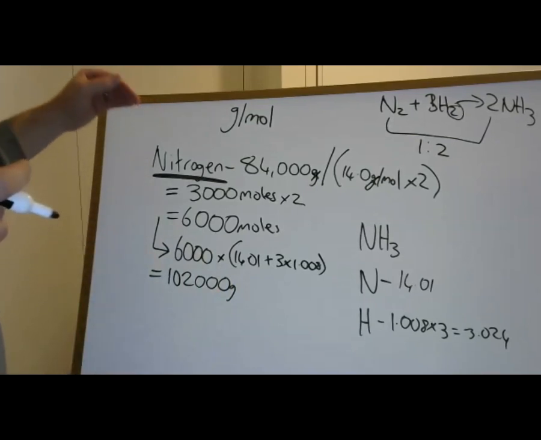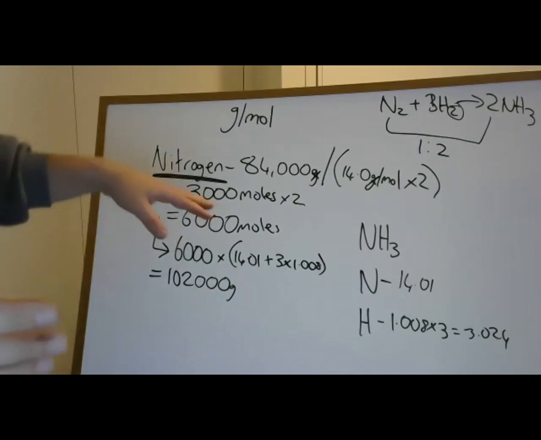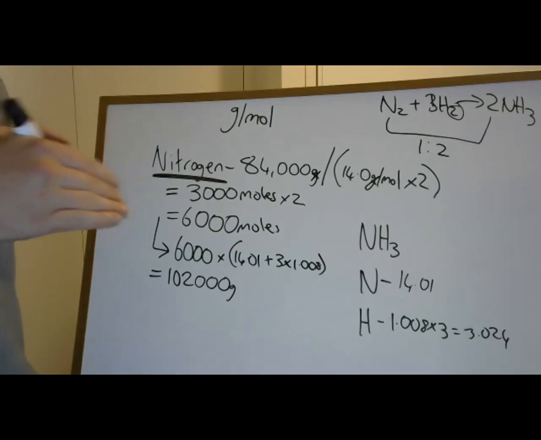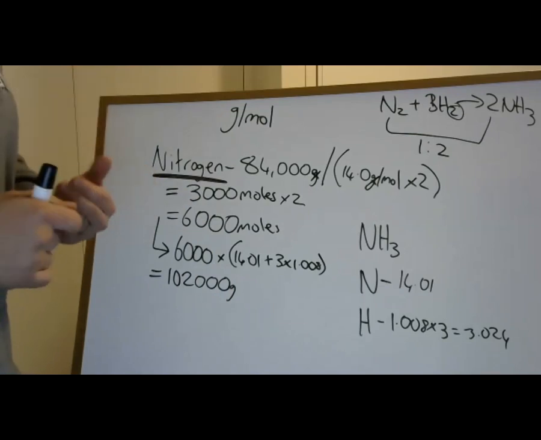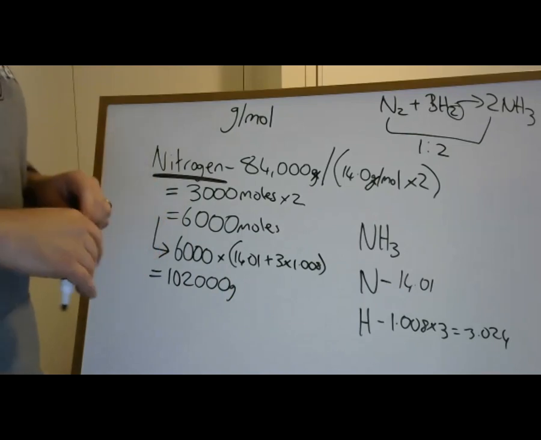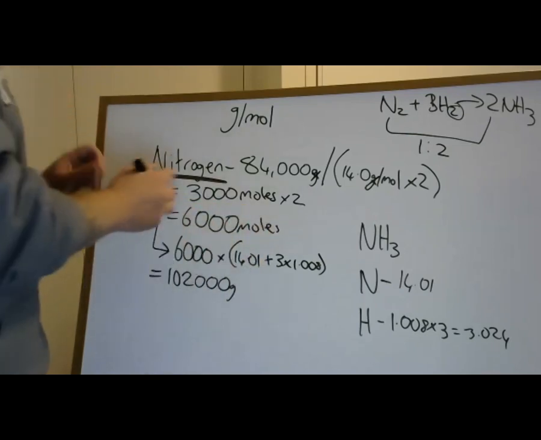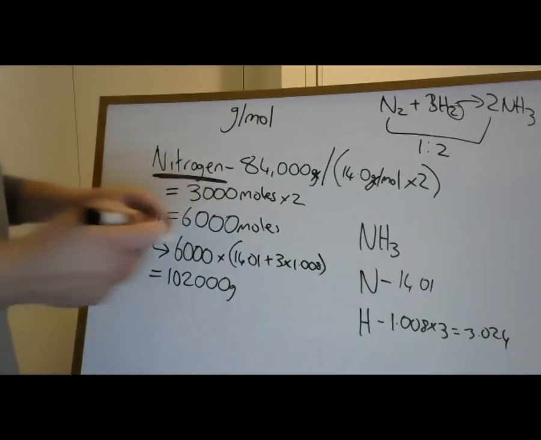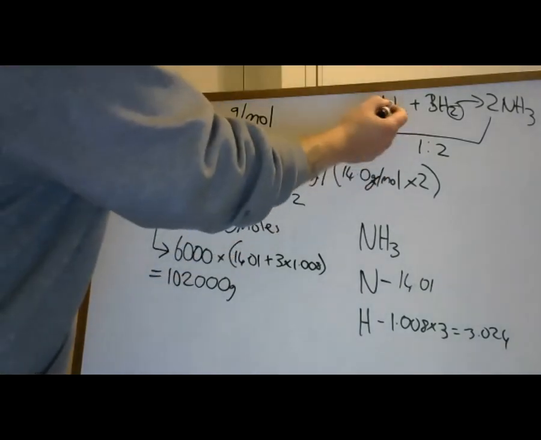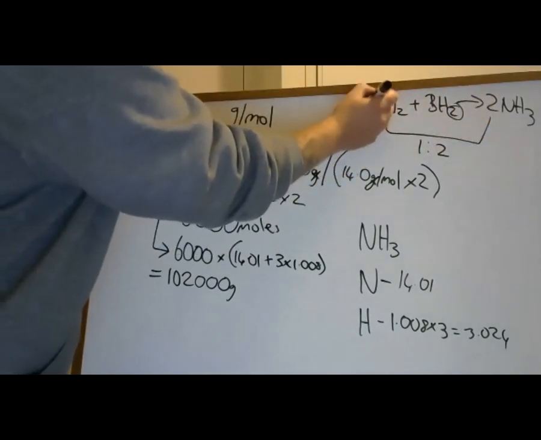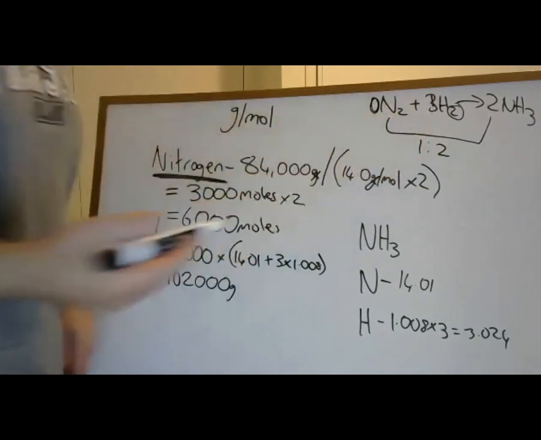So we've gone from start to finish, we haven't finished yet, but we've gone from grams to moles because we need to know how many of something there is, aside from how much it weighs. We've calculated that the nitrogen will run out first. And we calculated how much based on this ratio of 1 to 2. If there's no number here, then the number is 1.